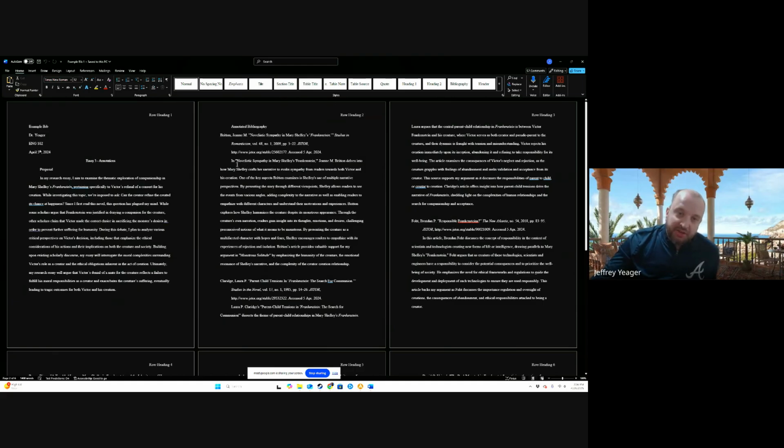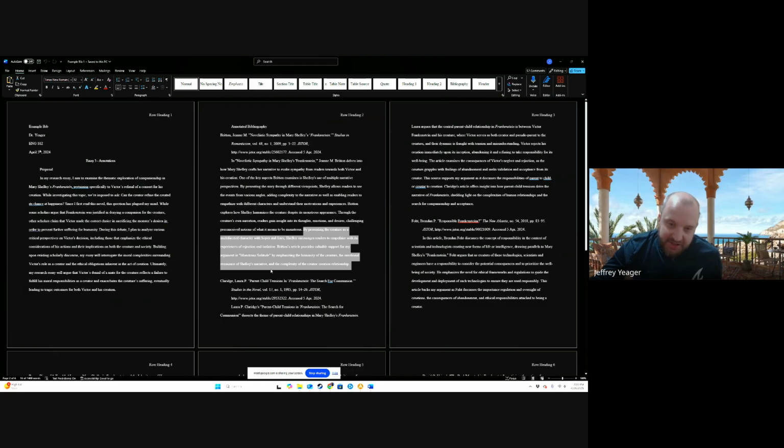Then the person gives a summary of the source. So like, what was the source about? What was the person's argument? How did they arrive at that argument? Then close to the end, there's a brief analysis. So this one says, by presenting the creature as a multifaceted character with hopes and fears, Shelley encourages readers to empathize with its experiences of rejection and isolation.